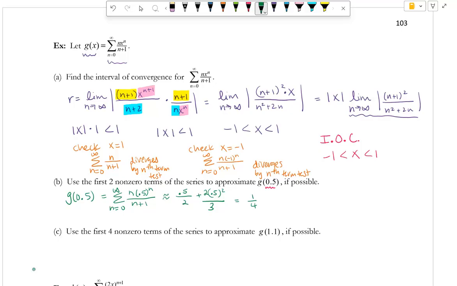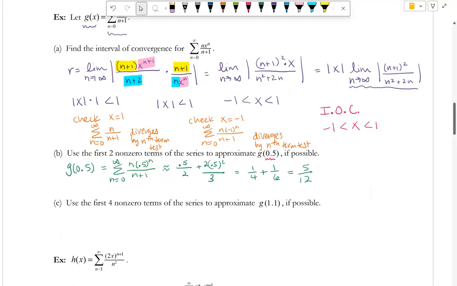And in that second term, 0.5 squared is 1/4, but times 2, 1/4 times 2 is a half. 1/2 divided by 3 is a sixth. And when I add that together, I get 5/12. So g of 0.5 is approximately 5/12 using the first two non-zero terms.